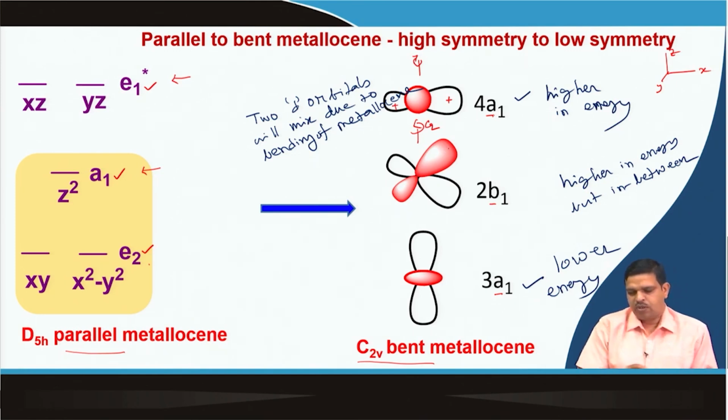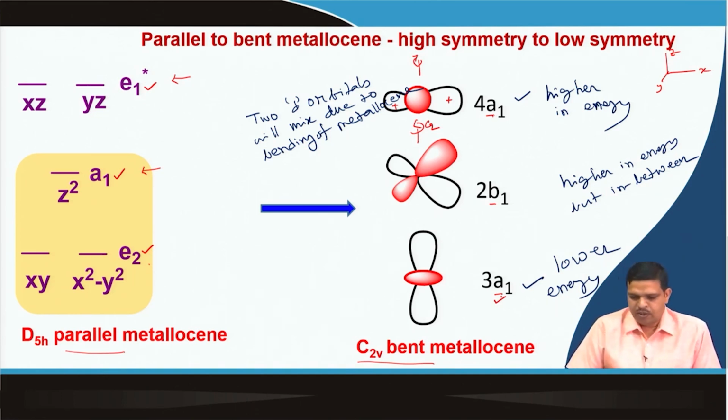Now, if we rotate, the phase of the lobes will change. So, in that case it is B. If it is symmetric with respect to an axis rotation, then it is A, and if it is not symmetric with respect to an axis rotation, then it is B. Similarly, dz square falls in the A symmetry.